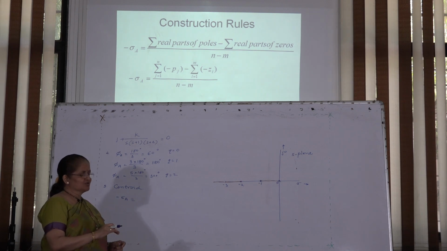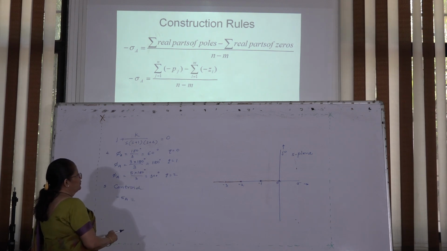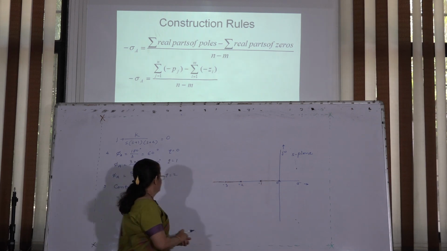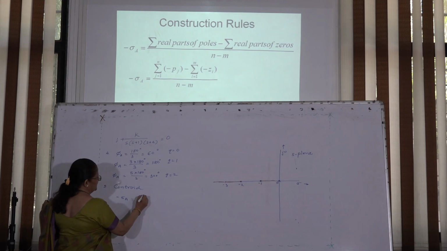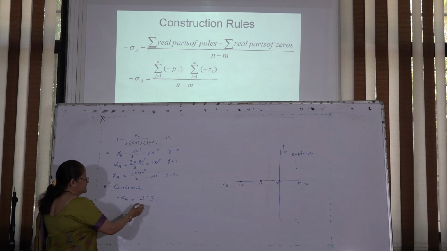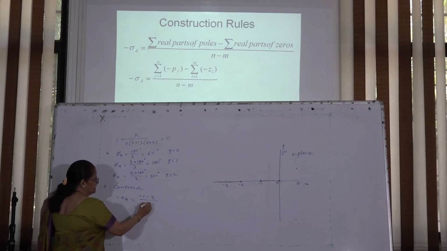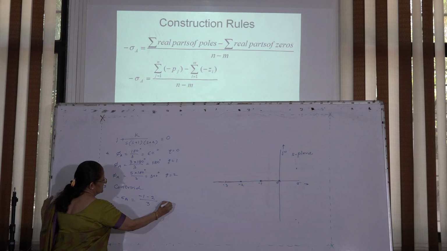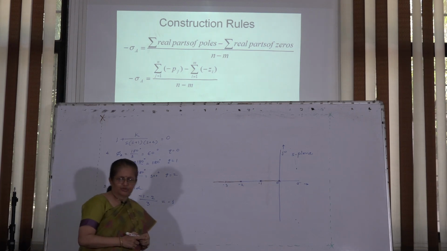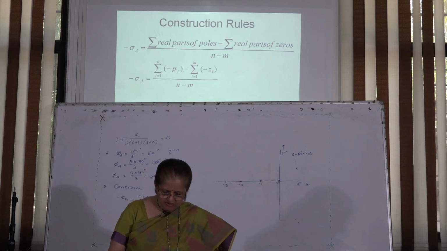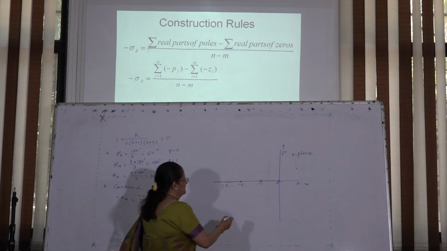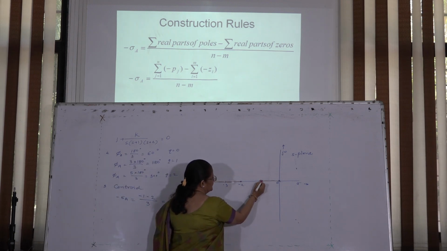What are the real parts of the poles? One pole is at 0, second is at minus 1, third is at minus 2. So, the summation we will get is minus 1 minus 2 upon n minus m. n minus m is 3. So, you will get minus 1. So, you will get a point which is called the centroid at minus 1. So, this is your centroid.